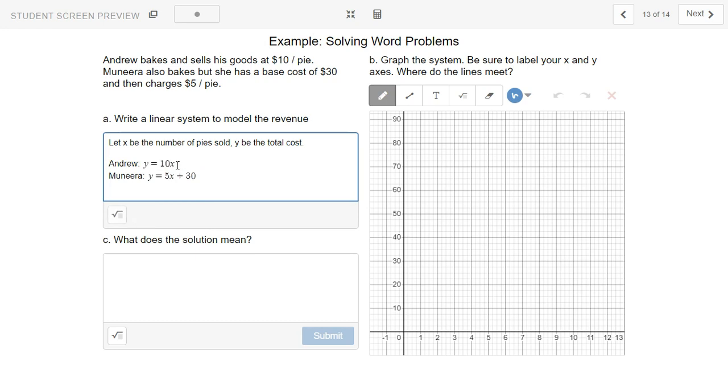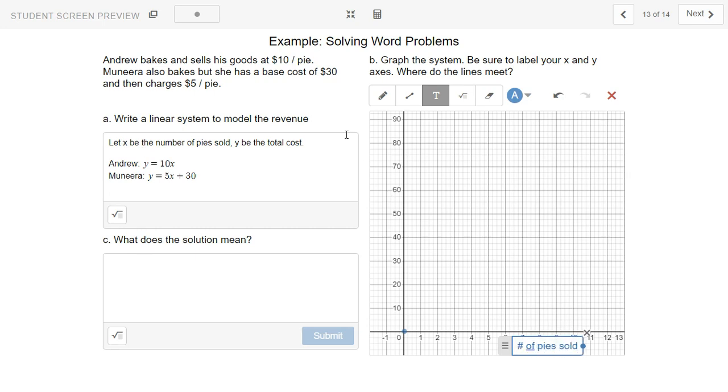For Andrew, the y-intercept is 0. So we're going to have 0, 0. And for each pie that he sells, we're going to increase by $10. Now, before I go on any further, I need to label my x and y axes. We have just said that x is the number of pies sold. Y is the cost.